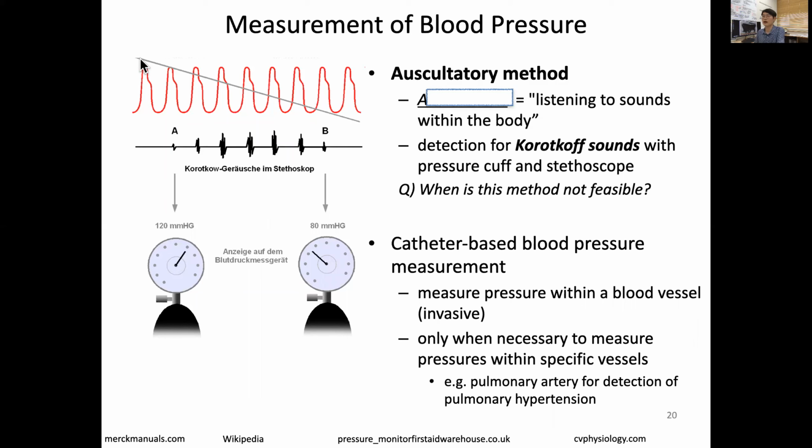When cuff pressure is higher, it squeezes the artery completely, so you don't hear any sound. But once it's in between, the flow starts to move, and the pulse generates turbulence that causes a sound, which we call auscultation, listening to sound. And that's called the Korotkoff sound.